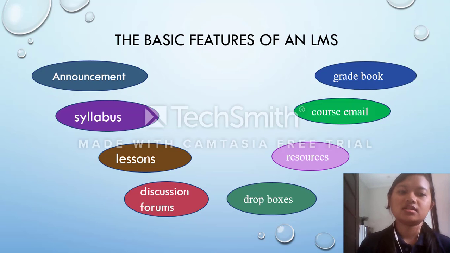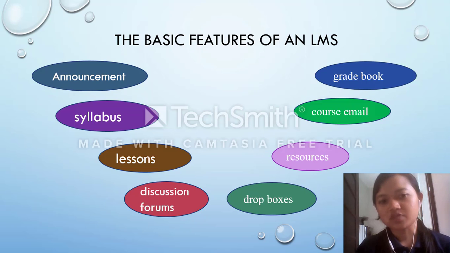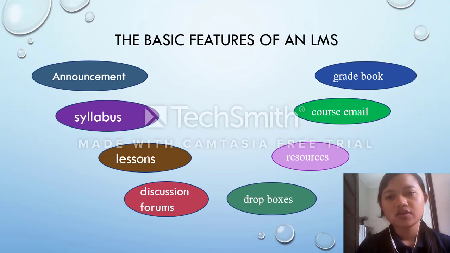The first is announcement. When students enter an online course in the LMS, the first thing that appears is the teacher announcement. The announcement feature is a place for the teacher to deliver important updates to the class. And the next is syllabus.